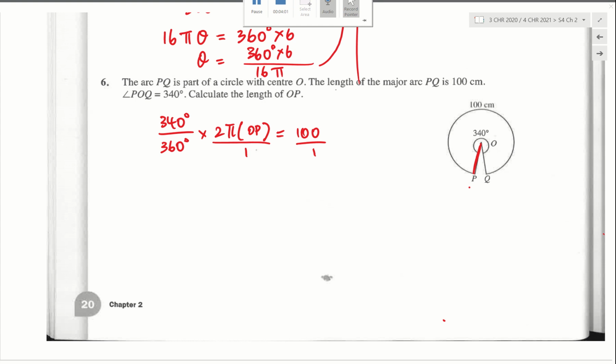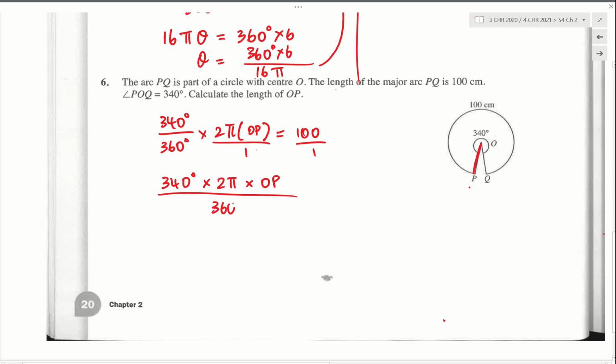Same as primary school. Fraction times fraction, numerator times numerator, denominator times denominator. So numerator times numerator, 340 degrees times 2 pi times OP over 360 degrees times 1. But times 1 no need to write. And this is equal to 100 over 1.